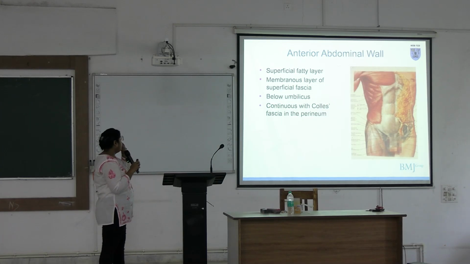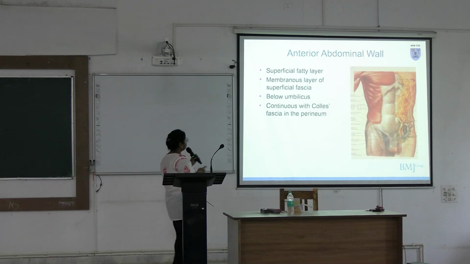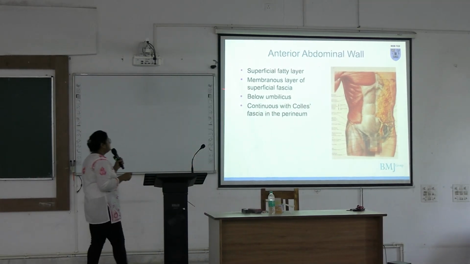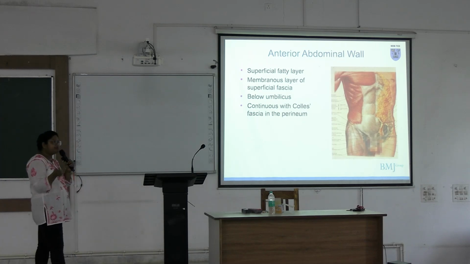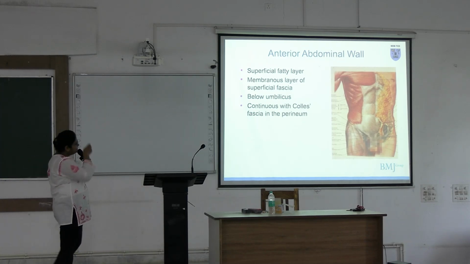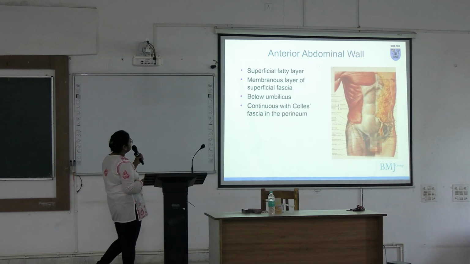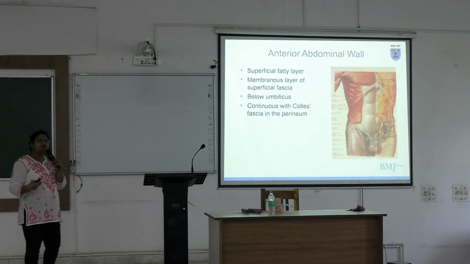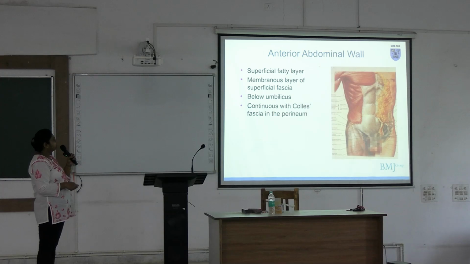So the superficial layer is the fatty layer, fascia of Camper, and the deeper layer is the membranous layer. The differentiation between these two layers starts below the level of the umbilicus. This is the umbilicus.